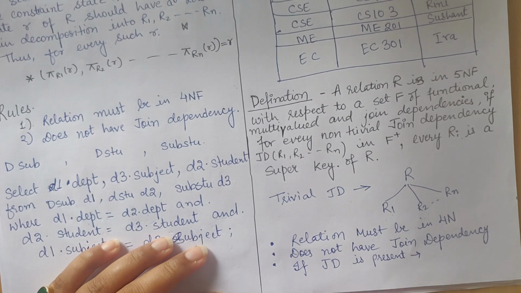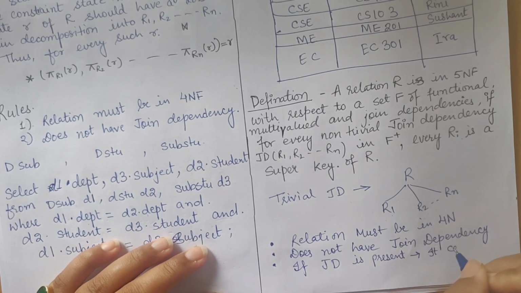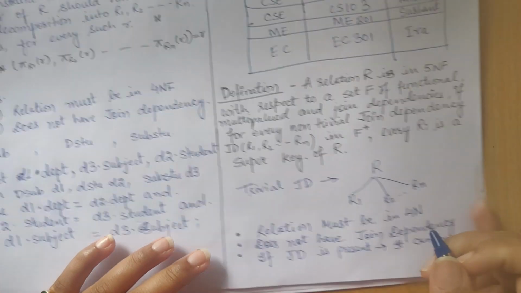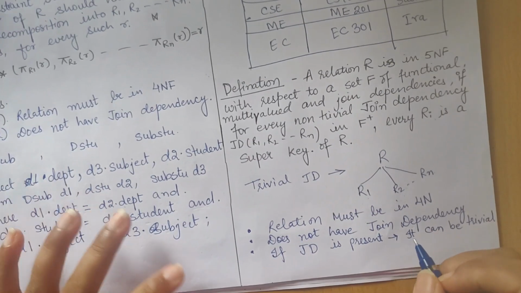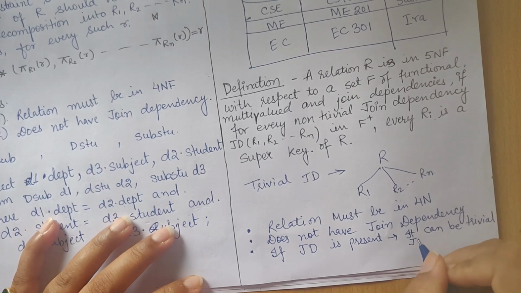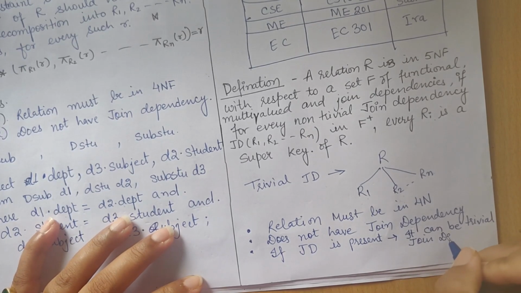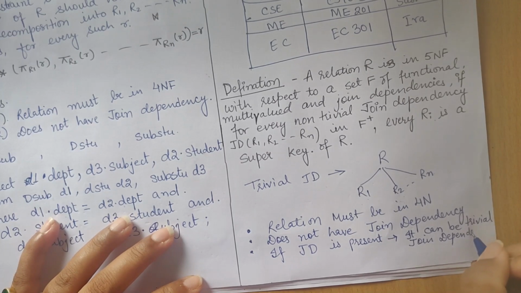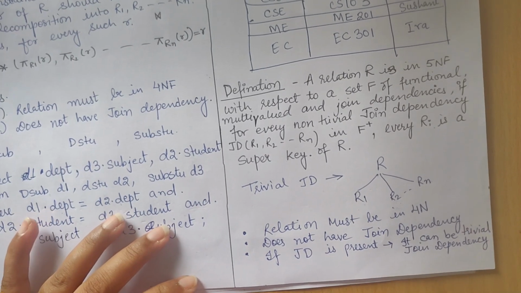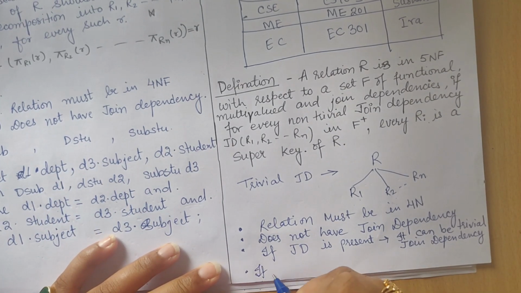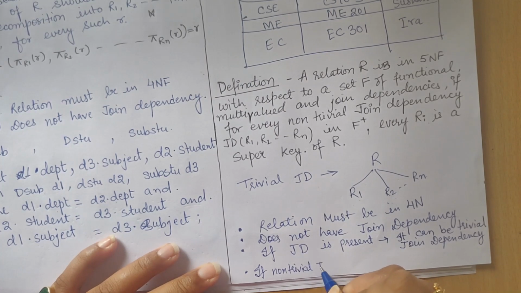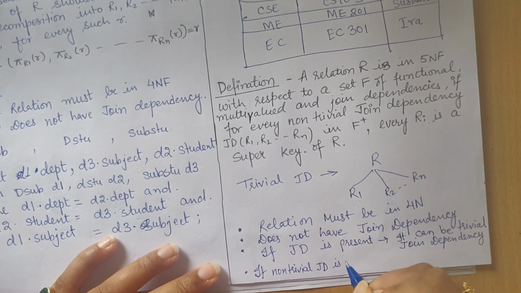So if join dependency is present, it can be a trivial join dependency. Then also it will be in 5NF. Now, if a non-trivial join dependency is present, then what's the option?